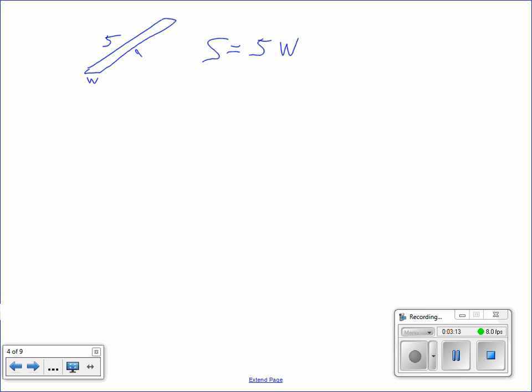Remember, water's leaking out of this trough, so the surface area is changing with time because the width is being reduced in time. They want to know what dS/dt is. Do I know what dW/dt is? Because I'm going to need it in here.